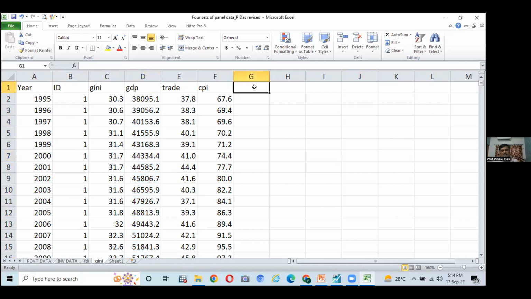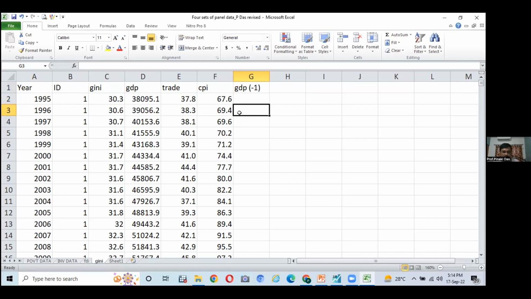But what is the GDP at first difference? We write it as GDP minus 1. GDP at first difference means the successive difference from one period's data to its previous period's data.